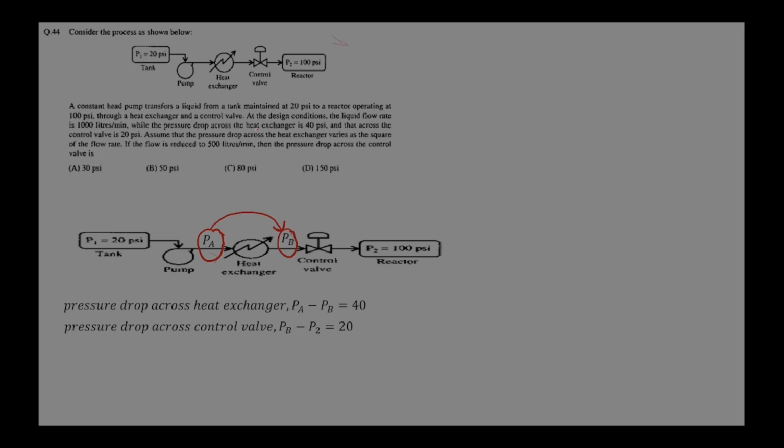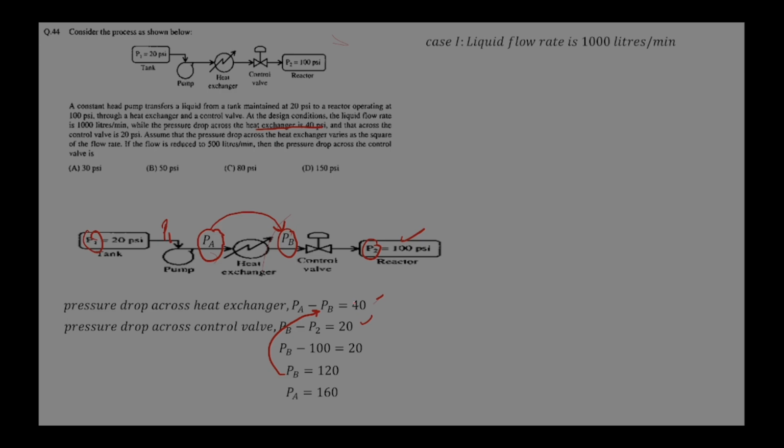And PB minus P2, if this is P2 and this is P1, the same P1 will be there here. So PB minus P2 is 20. Now PB minus 100 is equal to 20, because P2 is 100. So PB is equal to 120. PA is equal to 160, because once we put PB in, we will get PA.